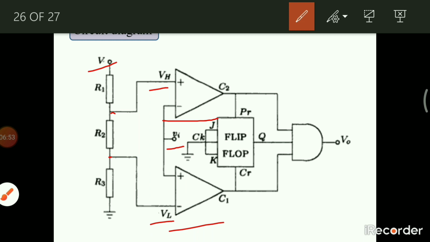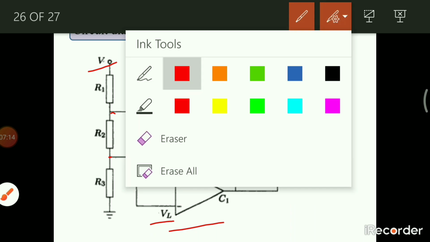We want to find out the time interval between these two events, that is high voltage level and low voltage level, by using the comparators. Then one JK flip-flop is connected and an AND gate is used. Now how to find out these voltages and the time interval.